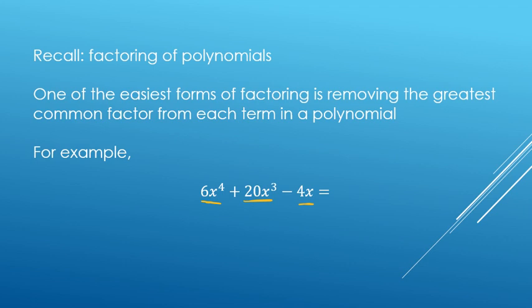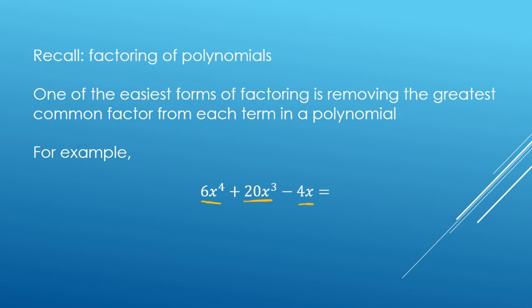So I look at each of these three terms. First thing I know is that in every one of these terms, there is an x. So I know that that's one thing I can pull out from it. I also look at these three terms, and I see there's a 6, a 20, and a 4. Every one of those numbers contains a factor of 2.